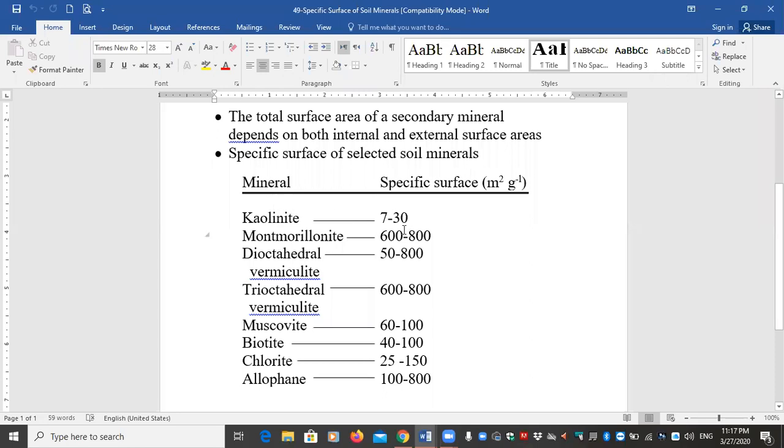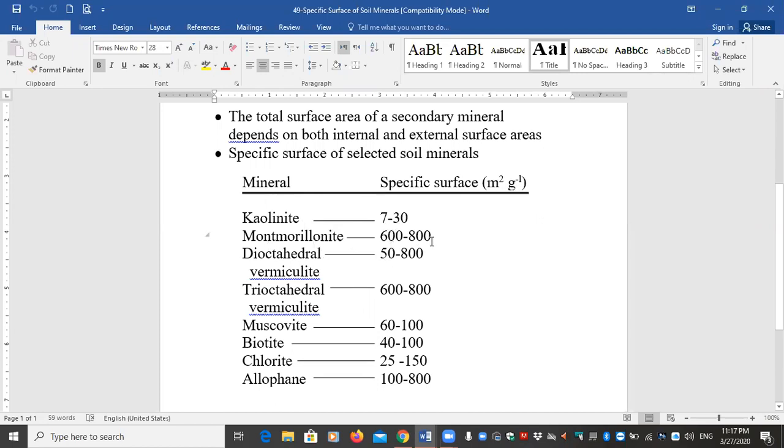You need to know approximately some of the more important ones. Say, when we talk about kaolinite, look at the surface area, usually measured in square meters per gram. So for kaolinite, the range is 7 to 30, depending on the conditions under which it was formed, where it is in the world. This is the range over many soils of the world.